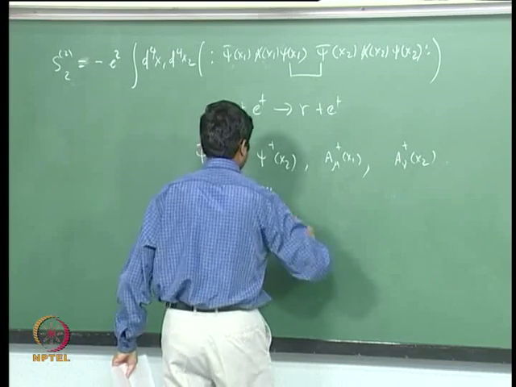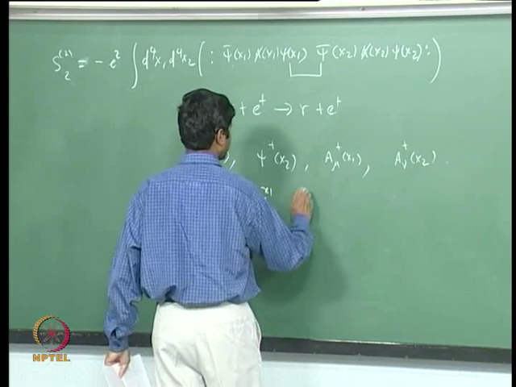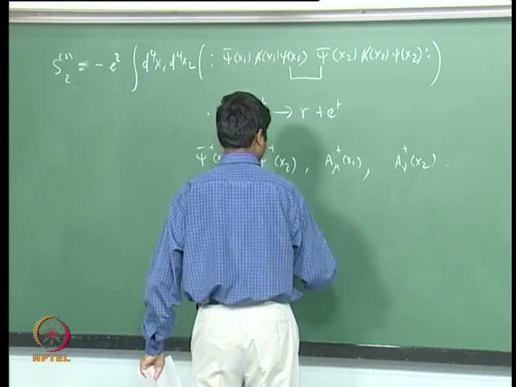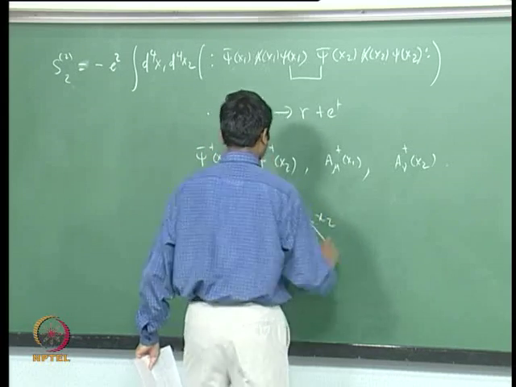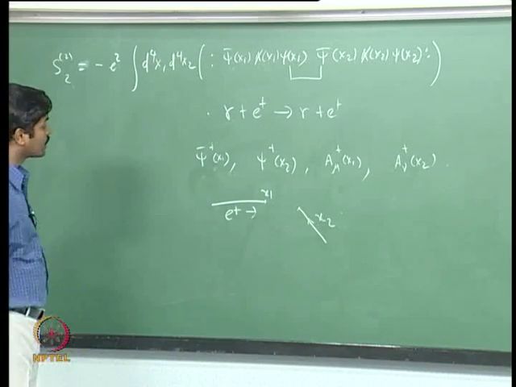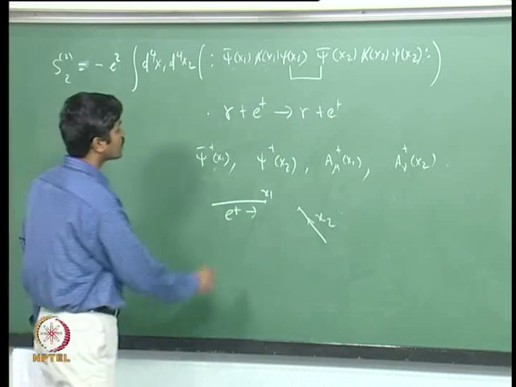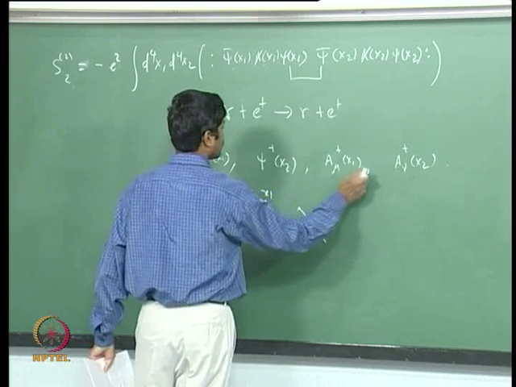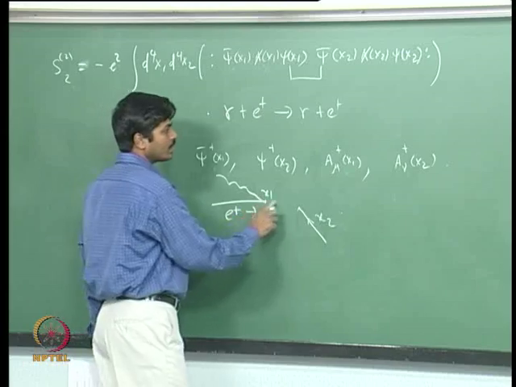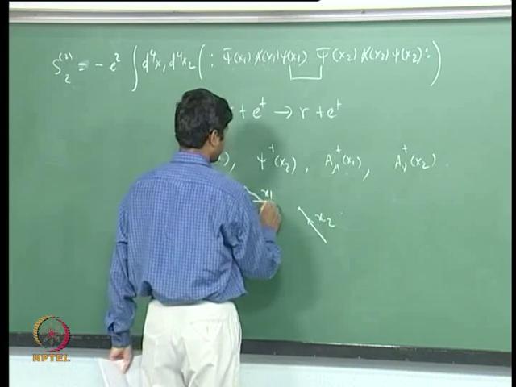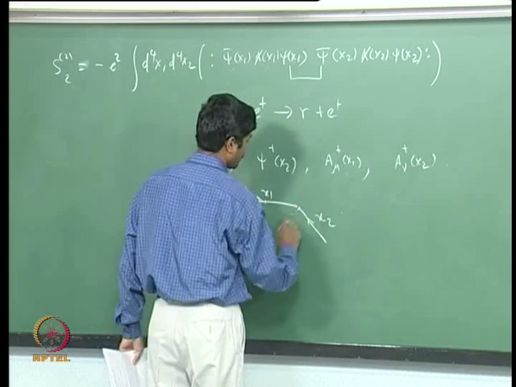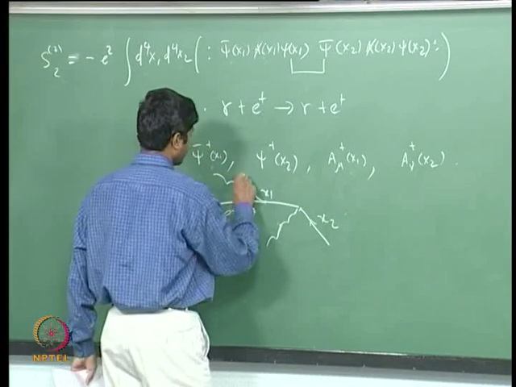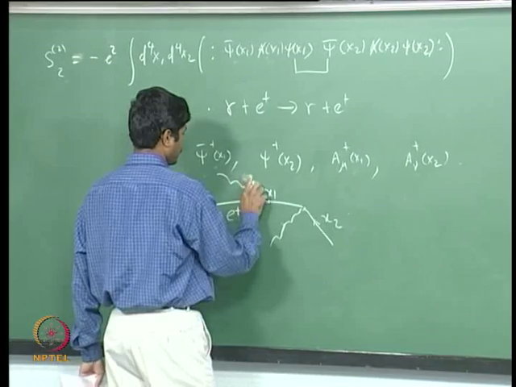So you have x2, and this describes the annihilation of a photon at x1. This describes an annihilation of a photon at x2, right. So there is an incoming photon here, this is gamma.